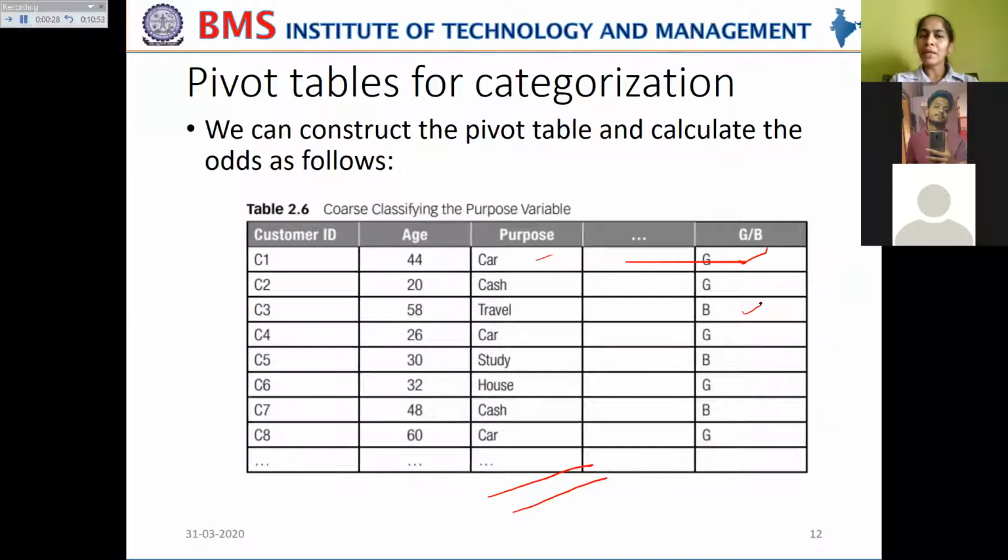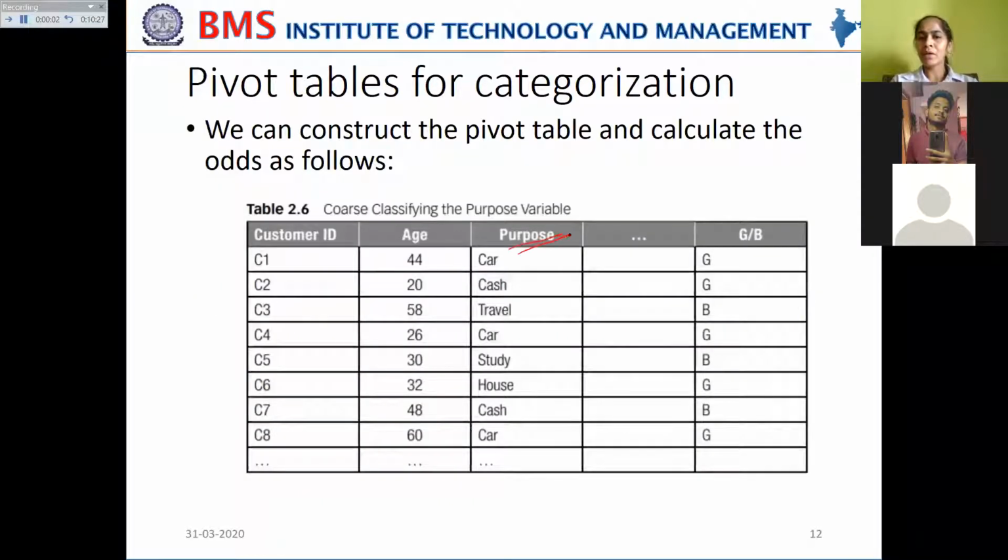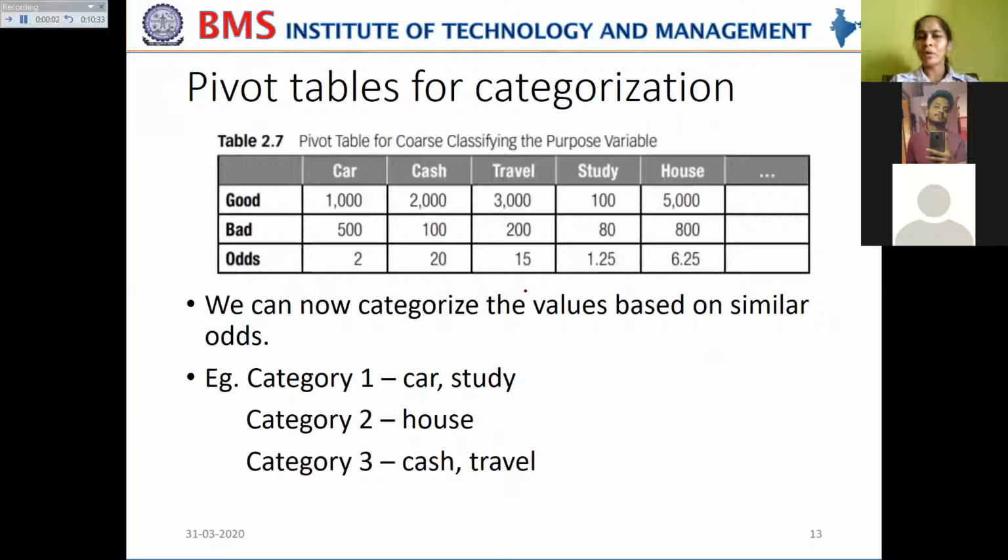All these parameters will be used in our model to predict whether a customer will be good or bad. In this case, how can categorization be done? By creating a pivot table for coarse classifying the purpose variable.